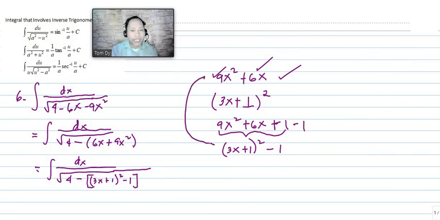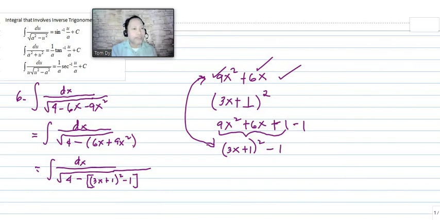These are equal. If we expand this one, this is the equivalent, and then minus 1. So if we have 1 minus 1, what remains here is 9x squared plus 6x. So in other words, this 6x plus 9x squared is equal to this one. So we write this 6x plus 9x squared in another form.